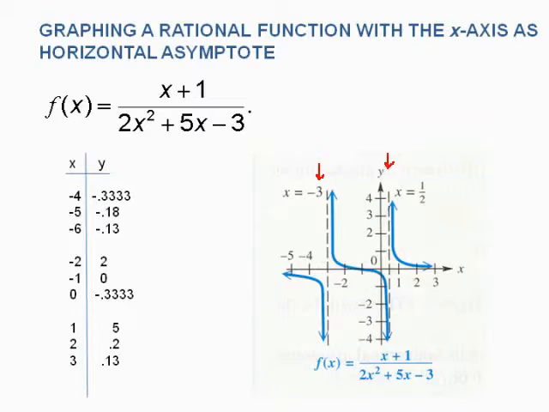I took some points to the left of negative 3, and some points to the right of 1/2. And then I took some points between the two here. And if you plot those, you're going to see this graph.